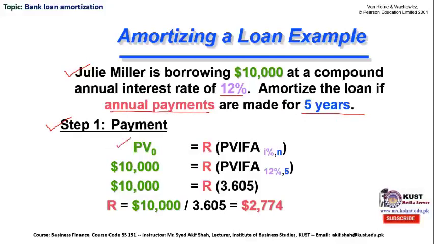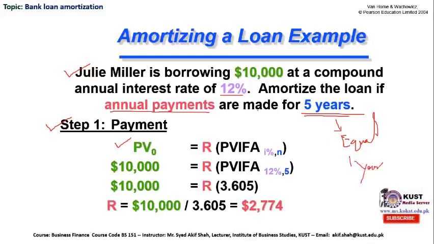The general formula to find out the payment: this annual payment is going to last for the next 5 years, and it is usually an equal payment at equidistance of 1 year time period.